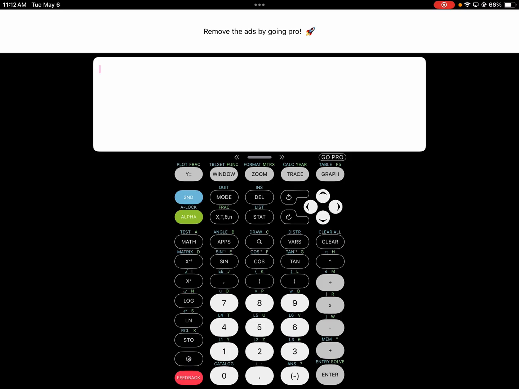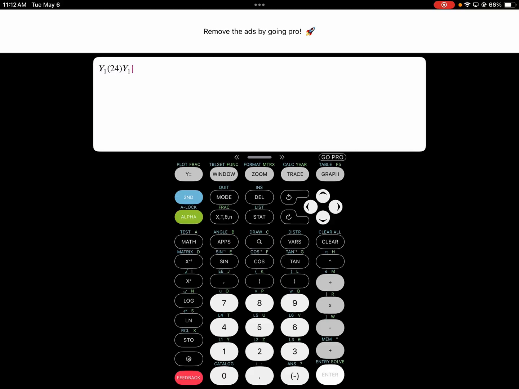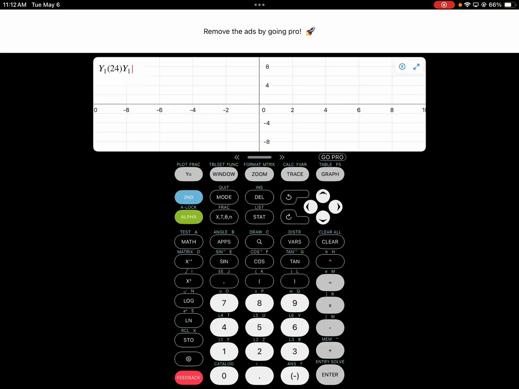To get y1 and use it, alpha trace y1, and I'm going to plug in 24, minus alpha trace y1 of 12. I forgot my minus.